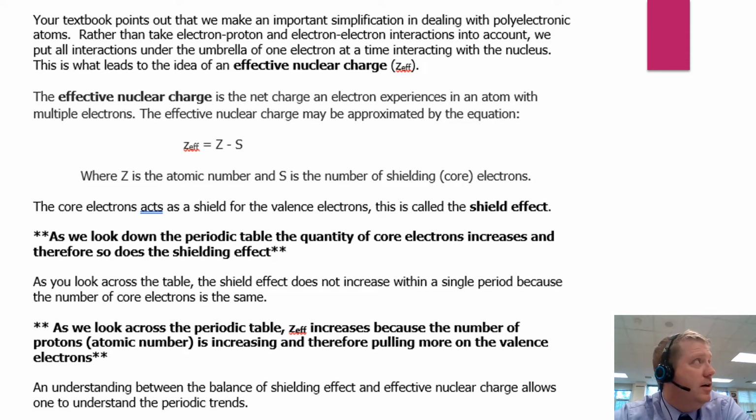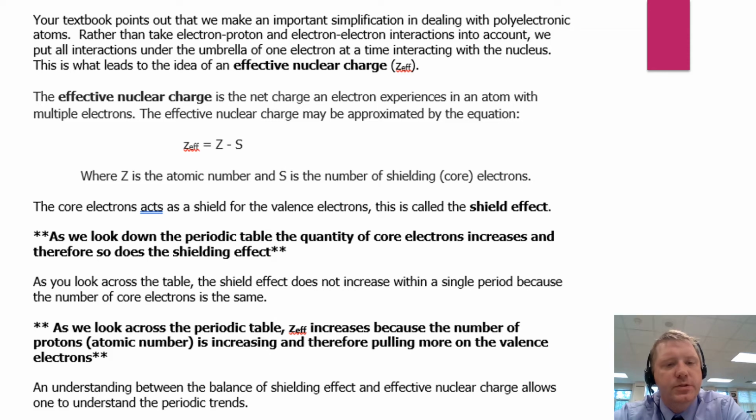So as we go across the periodic table from left to right, we have more and more valence electrons, but we aren't changing the core electrons. We're also adding more protons to the nucleus, so the effect of the nucleus is increasing because you have more and more protons pulling on those electrons.